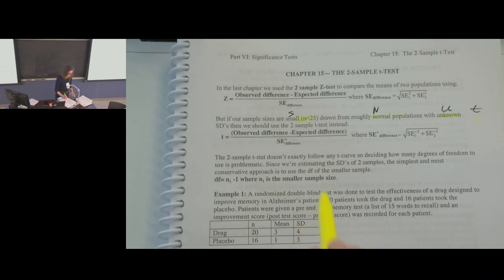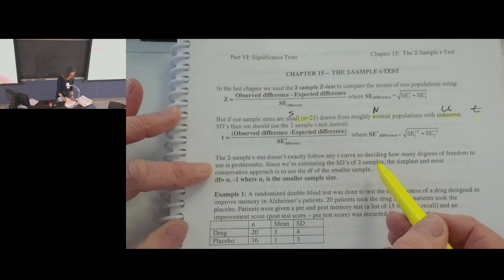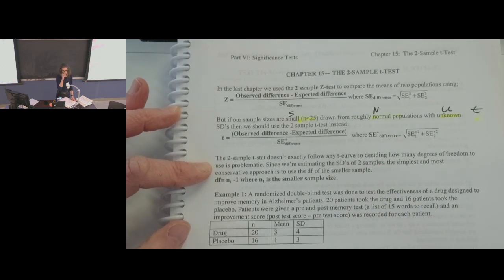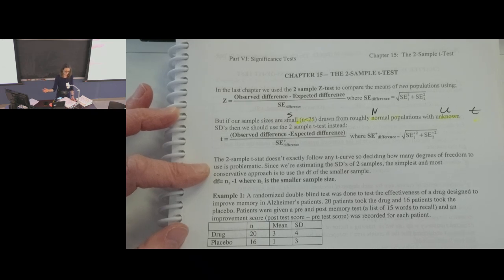All right. Well, this is problematic because remember I said that these t-curves are really the exact distribution. If you have a normal population and you don't know the standard deviation of the population, then your sample average actually exactly follows a t-curve with n-1 degrees of freedom.